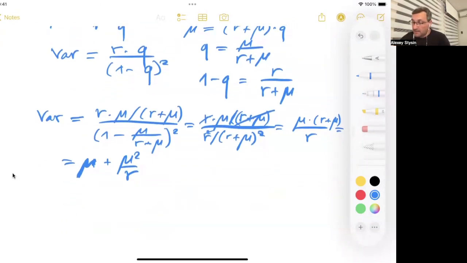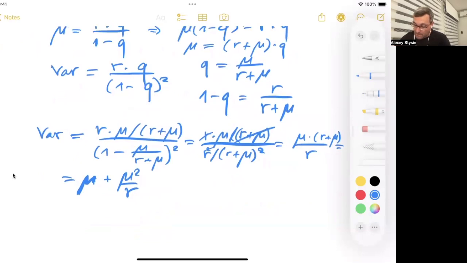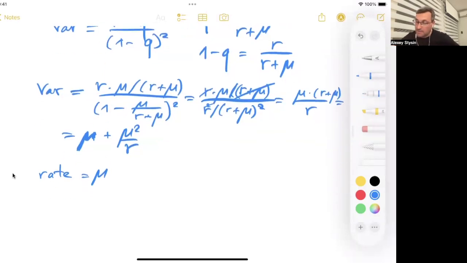The idea is to model the rate as mu. And now the final step here is to notice that we need to set R to 1.